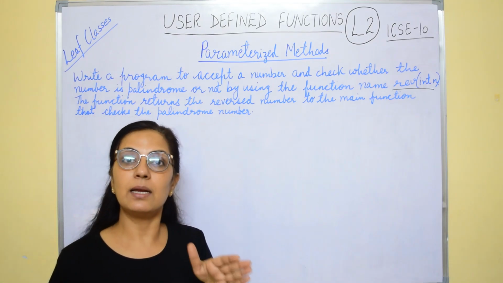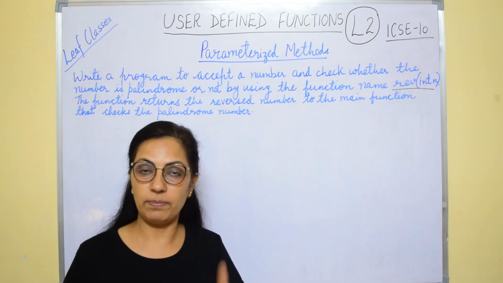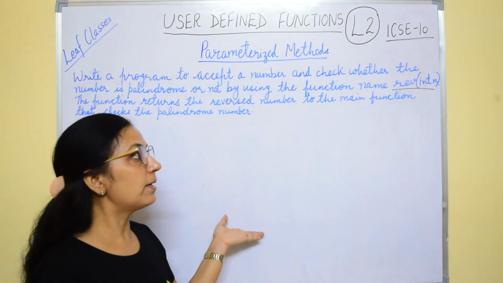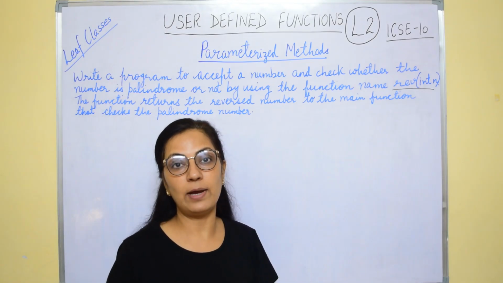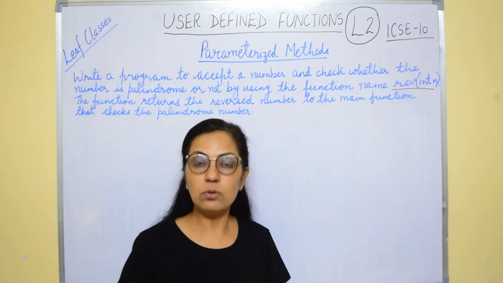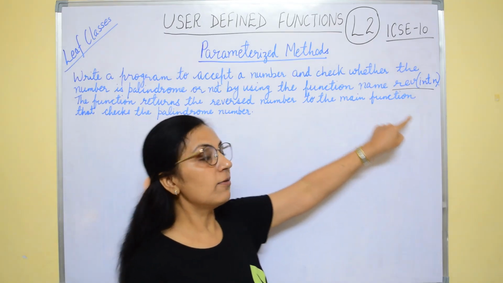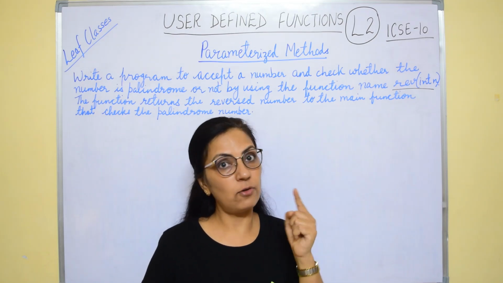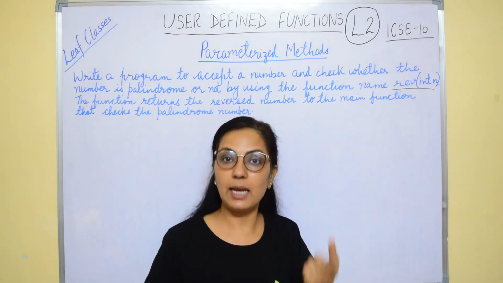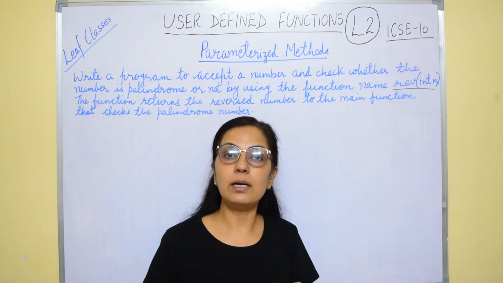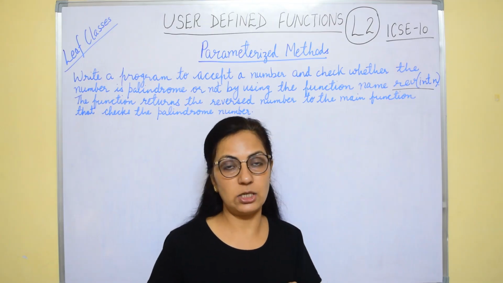That means there is a return value from the function. So what is that return value that we have to find out? We have to use our sense about what the return type should be. The reverse of one integer will again be an integer. So here the return type will be int only.